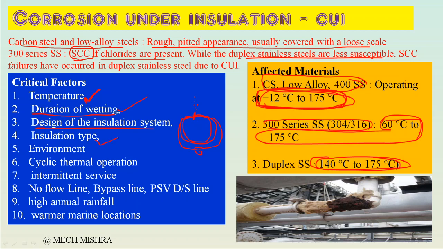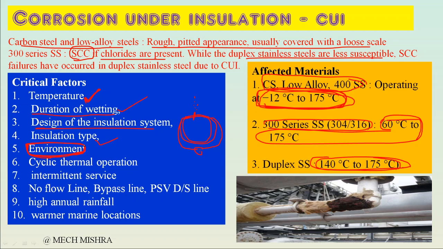Insulation type. We have to use better quality insulation, for example for SS piping the chlorides should be minimum. The salts which might get deposited on the metal surface should be minimum. So we have to use the proper insulation type. Then environment. If my environment is near the sea where there is higher moisture or humidity, then there will be much more chance of CUI.